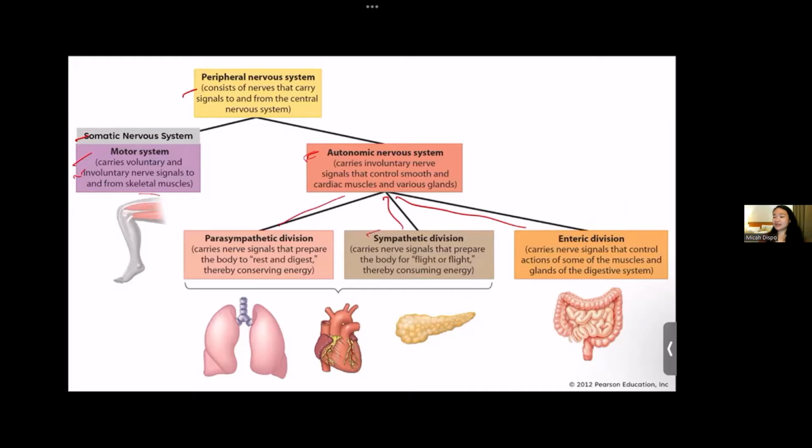While in the sympathetic division, this carries nerve signals that prepare for fight or flight response. So parasympathetic, rest and digest, sympathetic, fight or flight. And we have the enteric division, which carries nerve signals that control the muscles and glands of the digestive system. So ito yung enteric division ng autonomic nervous system.